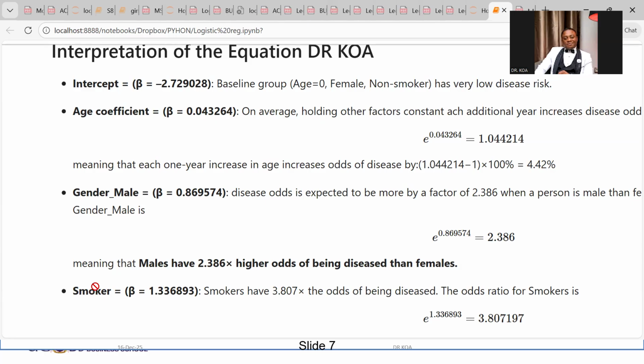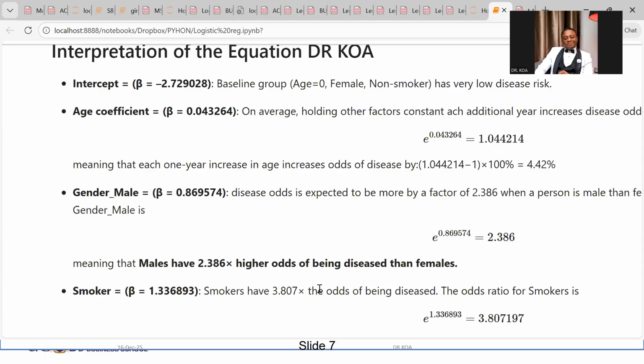So you are going to compare the smoker and have the non-smoker as the reference category. So you see that smokers have 3.807 times odds of being diseased than non-smokers.